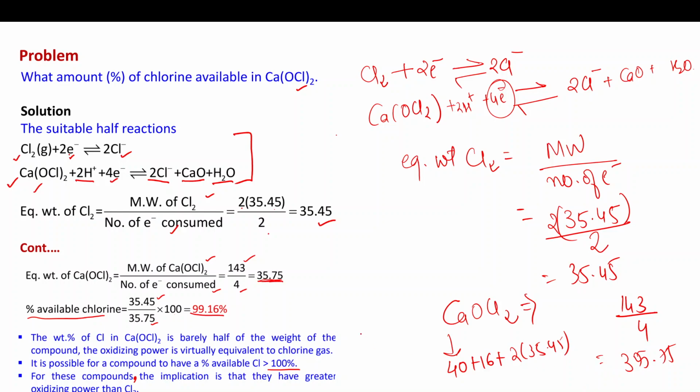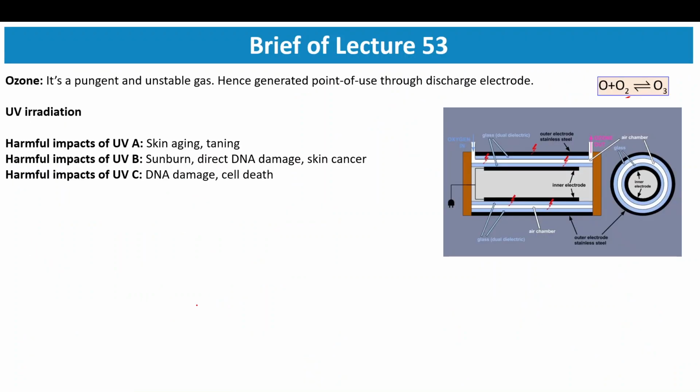So if you take the ratio of the chlorine to compound equivalent weight and multiply, you will get the percentage. So it's 99% chlorine is readily available for disinfection. So you can say that it has good oxidizing power. Is it clear so far?